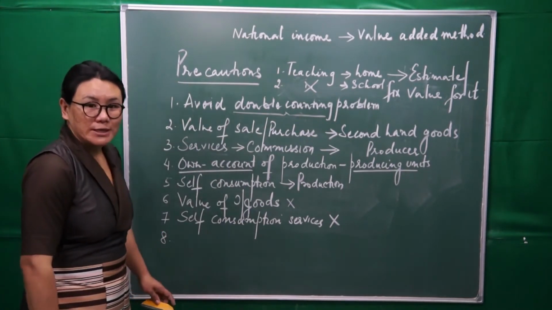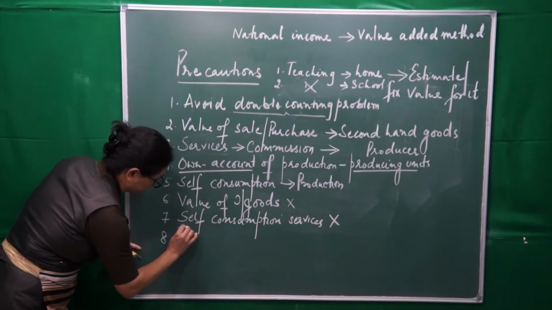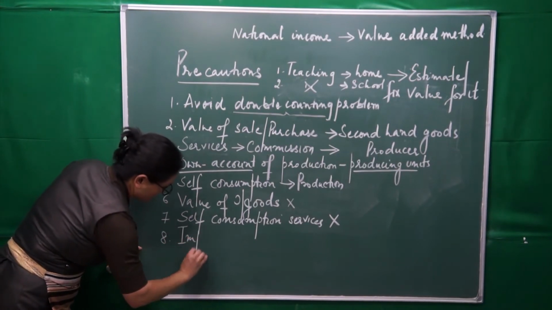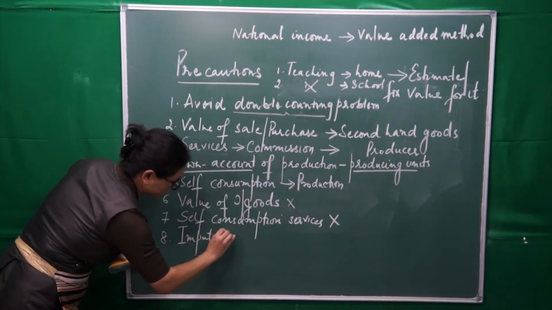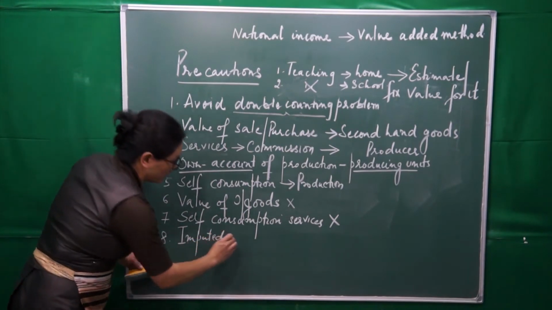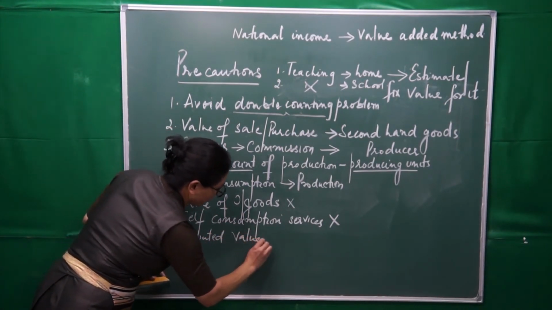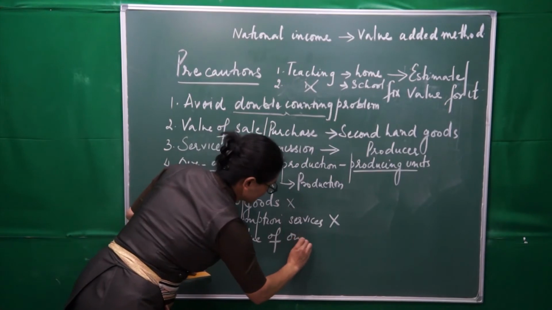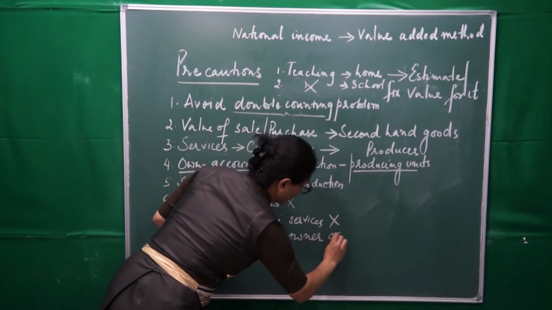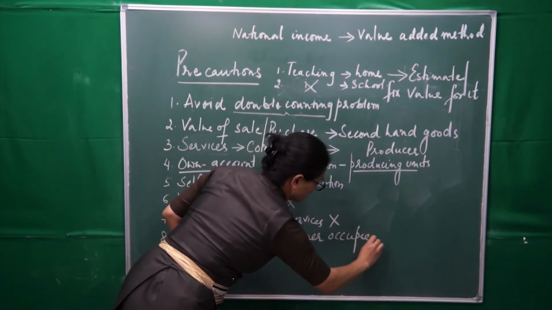And the eighth one is imputed value of owner-occupied houses.